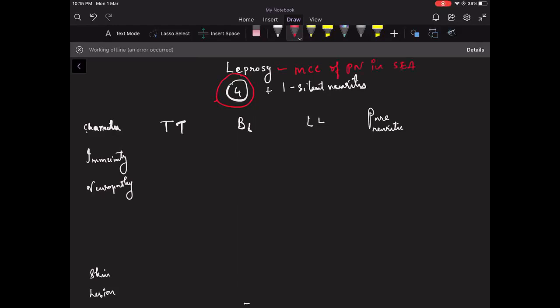They have given this point in Harrison, stating that it is the most common cause of peripheral neuropathy in Southeast Asia, Africa, and South America. But I couldn't find the source for why they have kept the infectious cause in Southeast Asia.